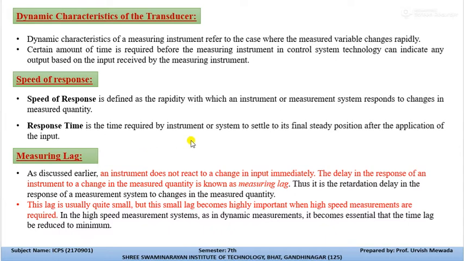The time taken to respond should be minimum for the particular instrument, or we can say sensitivity must be proper. The response time is the time required by the instrument or system to settle to its final steady state position, and it should be as minimum as possible. So this is the speed of response.